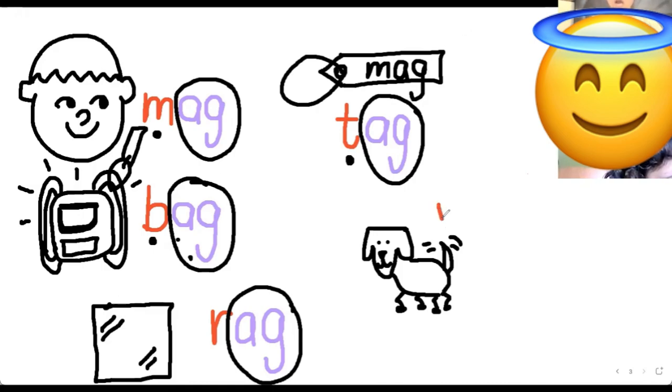So how do we write that? Wag. And ag. Very good. So it's not V, it's W. That is the difference between V and W. Wag. So the puppy was wagging the tail and saying, woof, woof, enjoy your picnic, Mag.